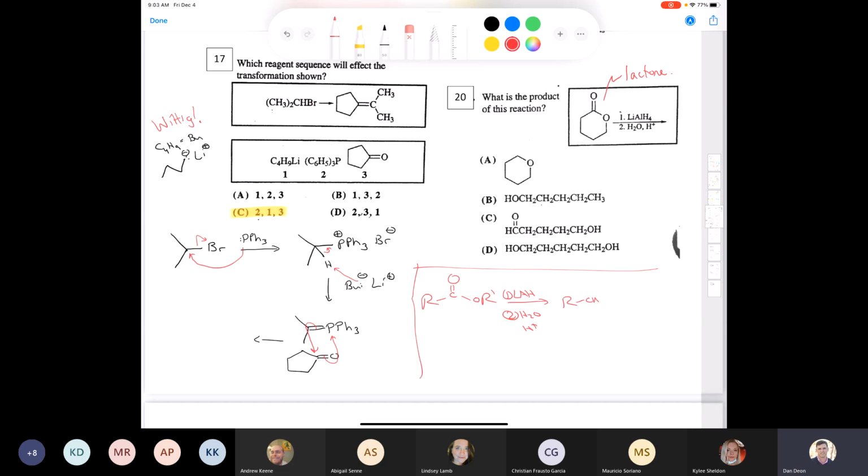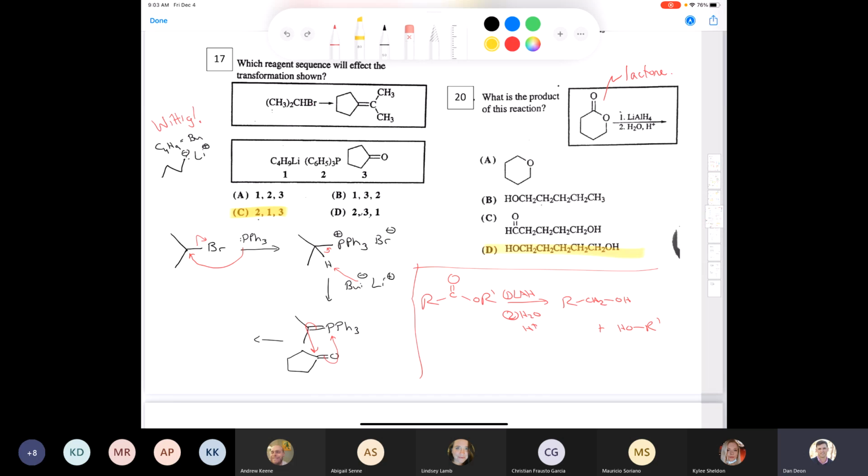I'm going to end up with an alcohol, plus I'm also going to end up with this alcohol. So that would make it really easy. That would just tell you that the answer has to be D, because you're not going to have an aldehyde that would be reduced. It's not going to be cyclic, and you'd have to have two oxygens, so it can't be that. So the answer is D. Okay.